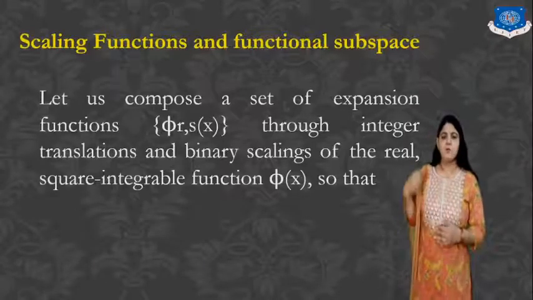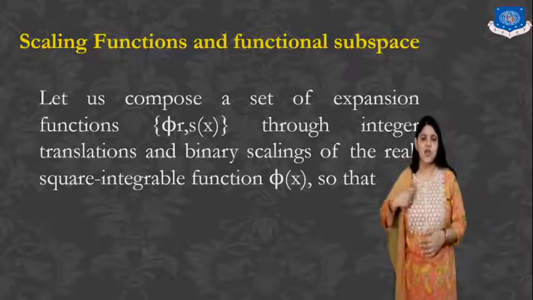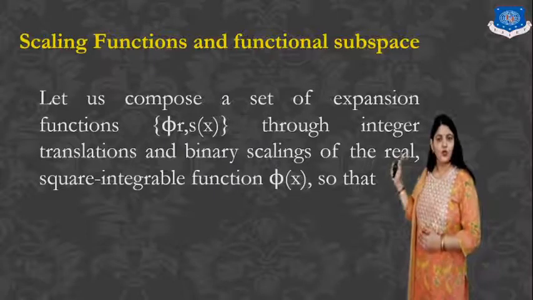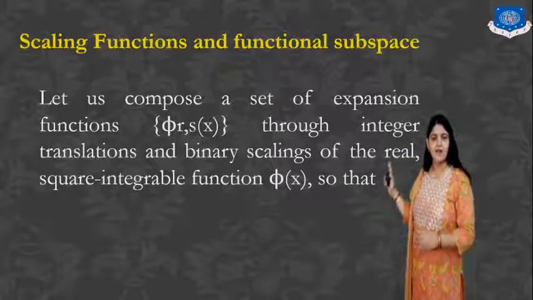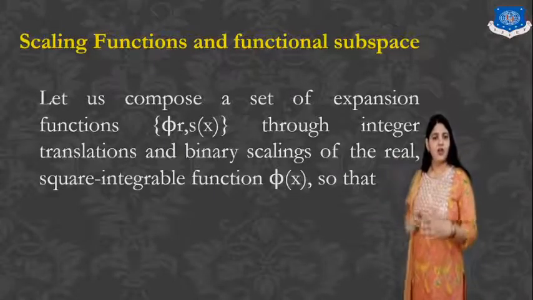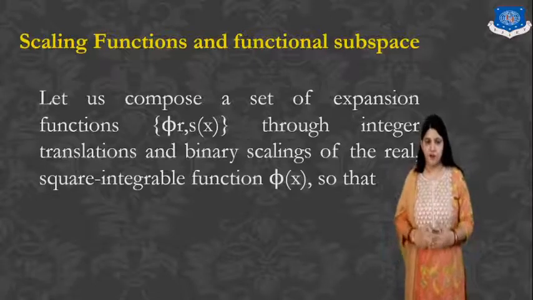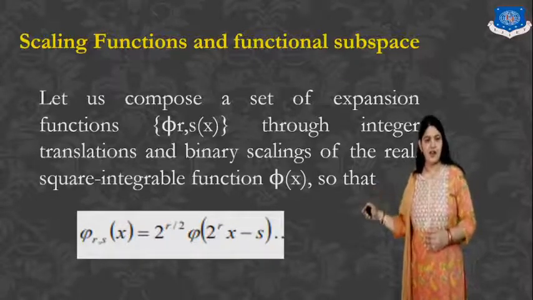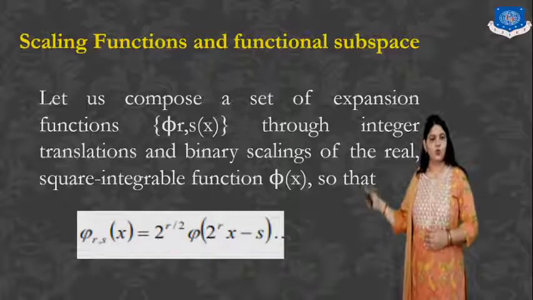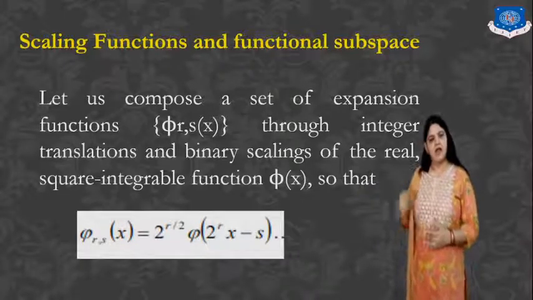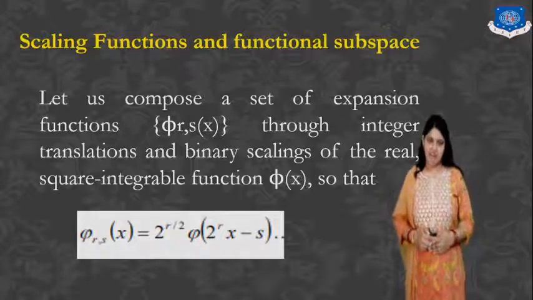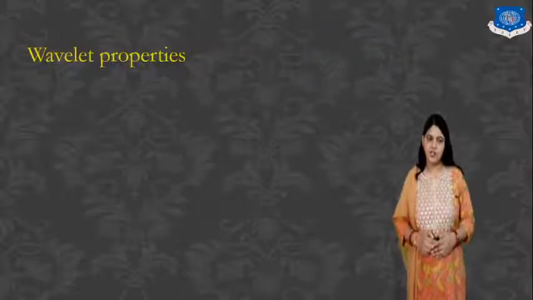So let us compose a set of expansion functions phi r s(x) through the integer translation and binary scaling of the real square integrable function phi(x). So phi r s(x) equals 2 raised to r by 2 times phi of 2 raised to r x minus s. So this is the function.